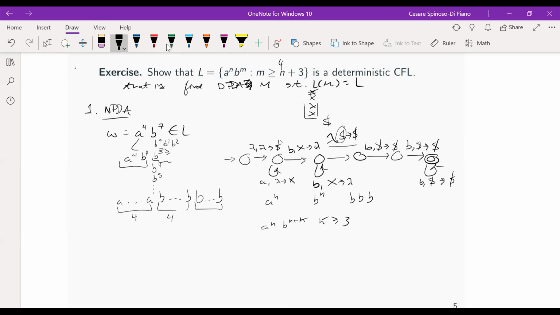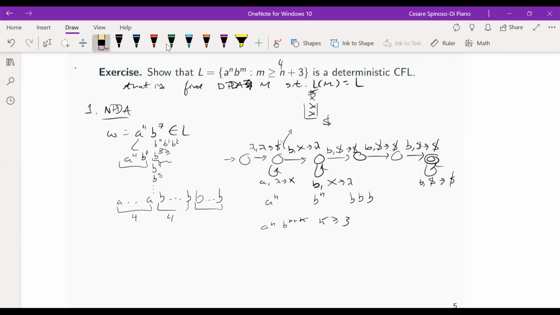Although this doesn't give you the correct language, that would be okay. I think the lambda transition, when you first said it was going to make it non-deterministic, was in the transition right before that, because of the A lambda X. What I meant to say was something really dumb: if you just have lambda lambda, clearly that's not going to make it deterministic, because you have a choice here.